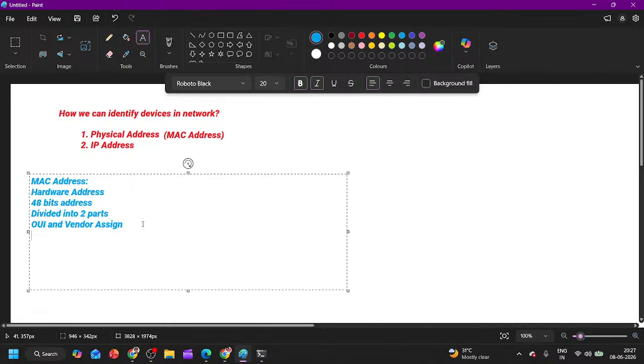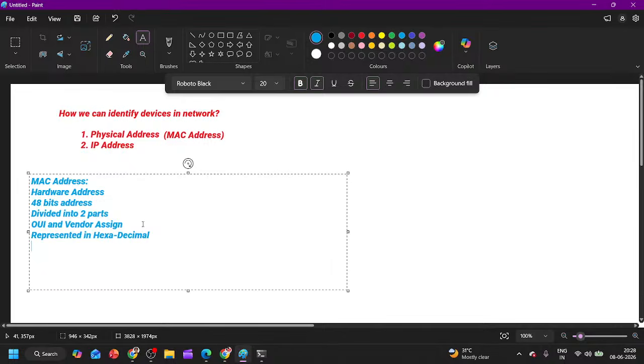Anything else about MAC address? It is written in hexadecimal. Represented in hexadecimal.